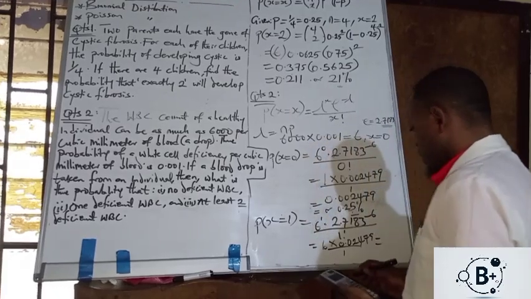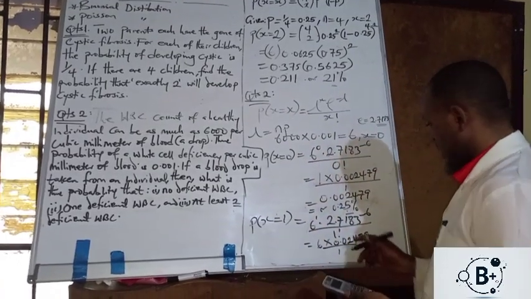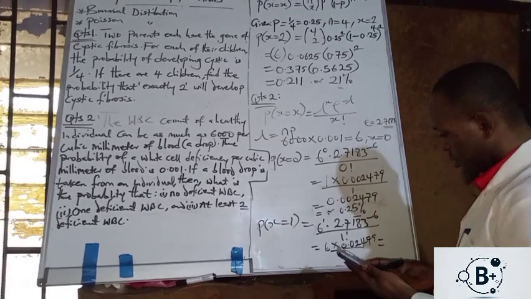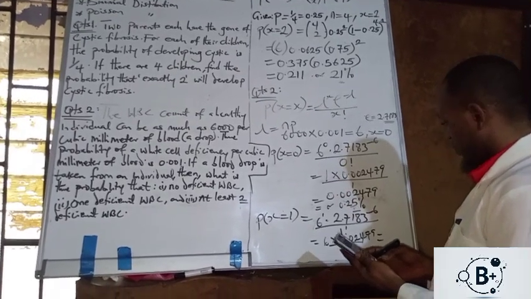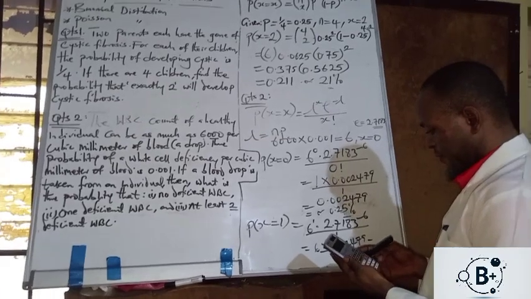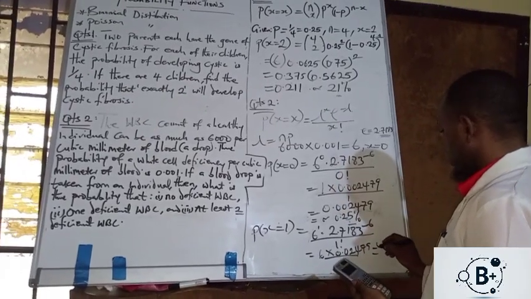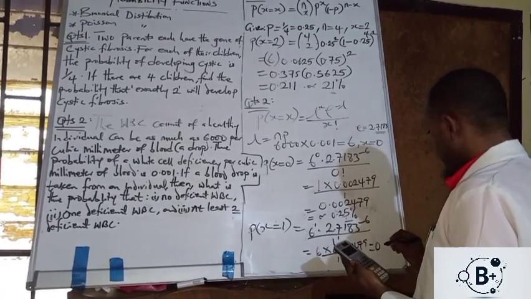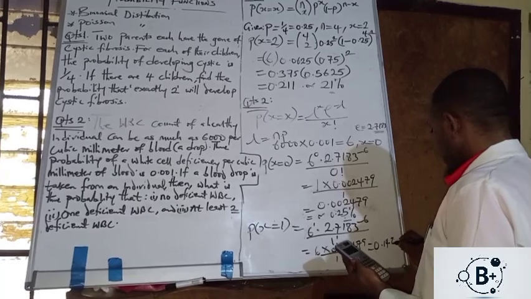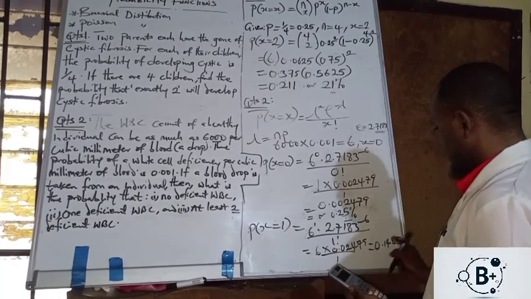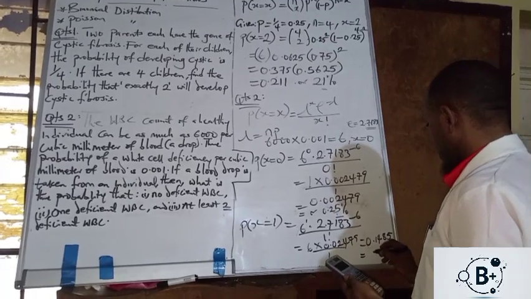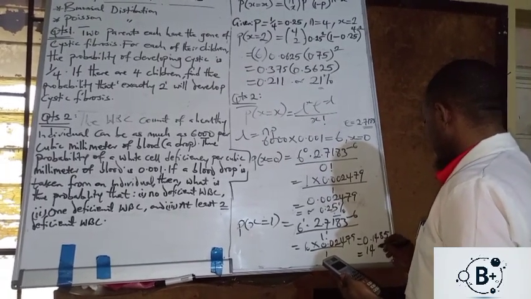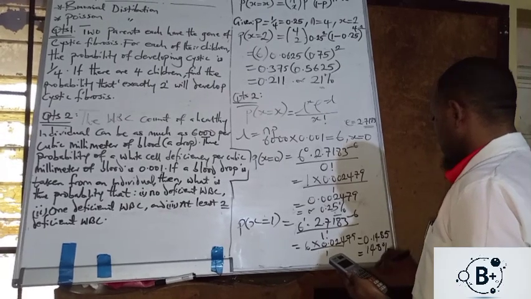So if we compute this further, this becomes 6 times 0.02479, which gives us 0.1485. That divided by 1 is still the same value. So in percentage now, that gives us 14.8%.